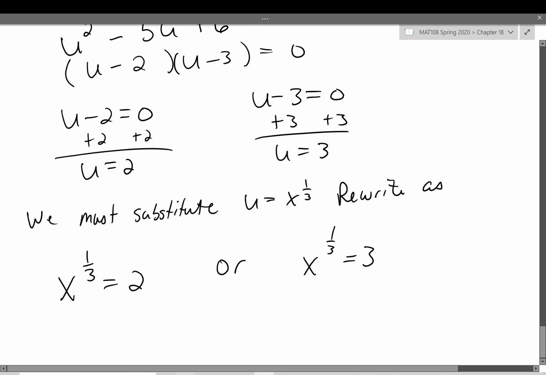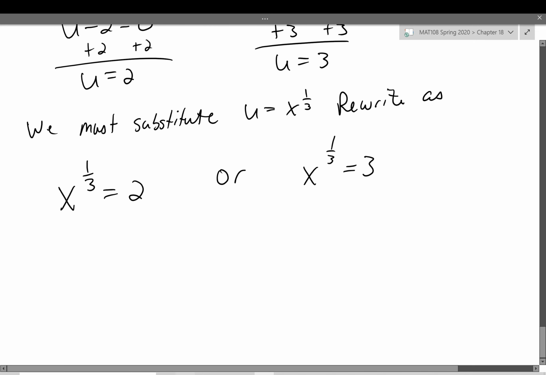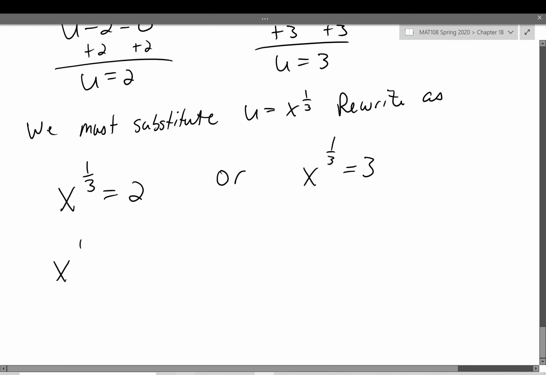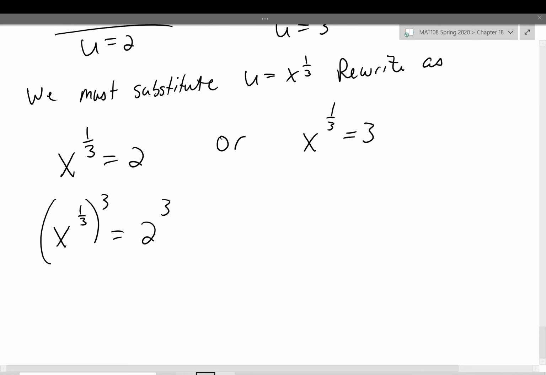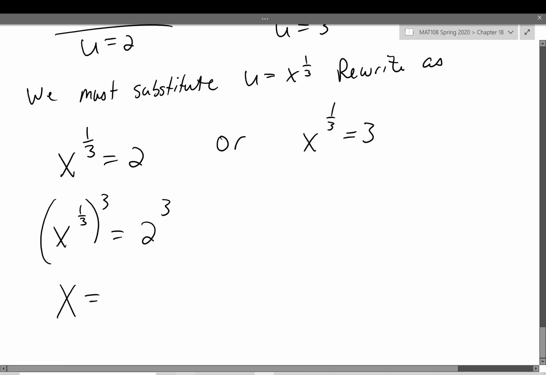Okay? All right. Now to solve, I'm going to raise both sides to the 3rd power, like we learned previously. We know a power raised to a power means you multiply the powers. So on the left-hand side, I get x, and on the right-hand side, I get 8.